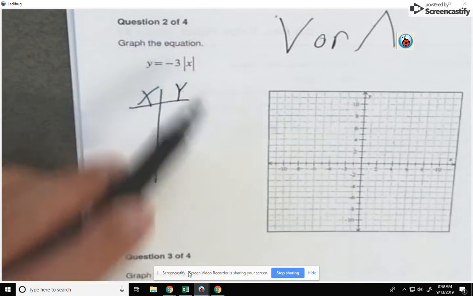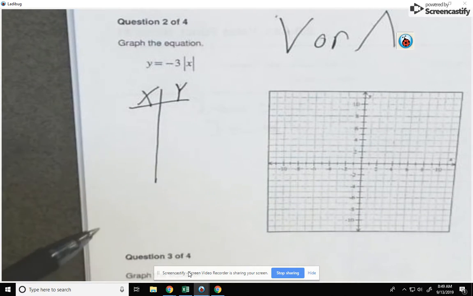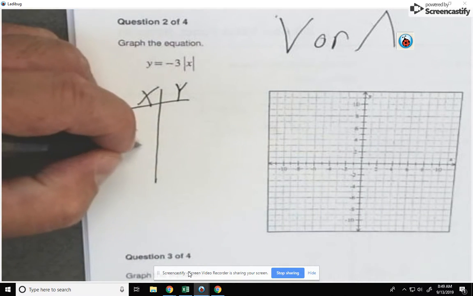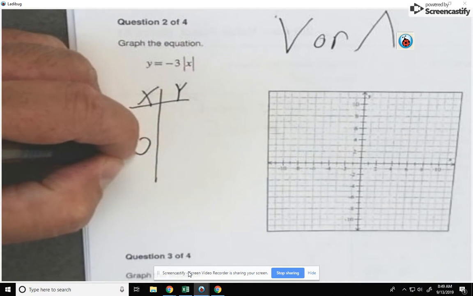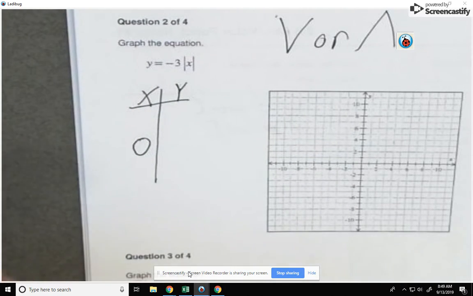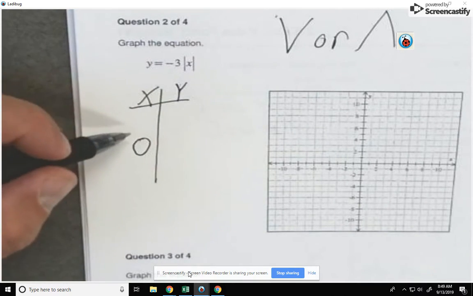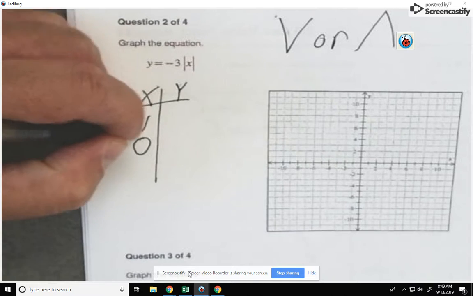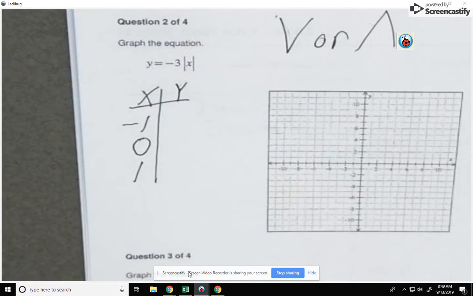In this case, our x is the only thing inside the absolute value symbol. When that happens, we have a center x of 0, and then we just take one spot to the left and to the right of 0 for our other 2 points. So that would be -1, 1.